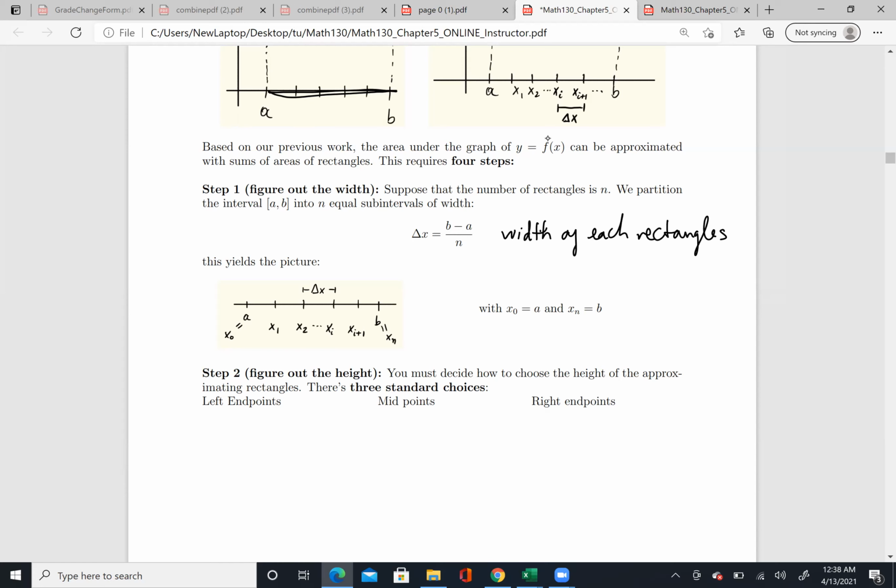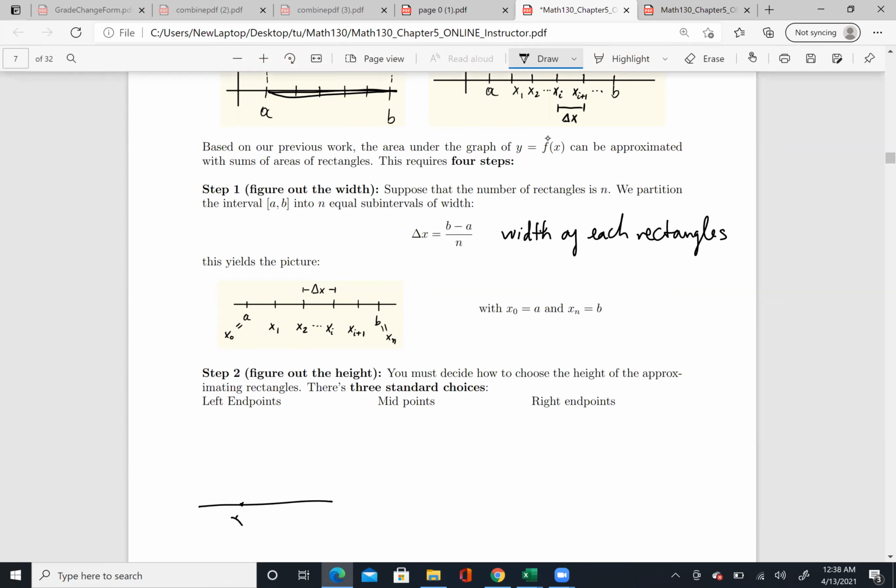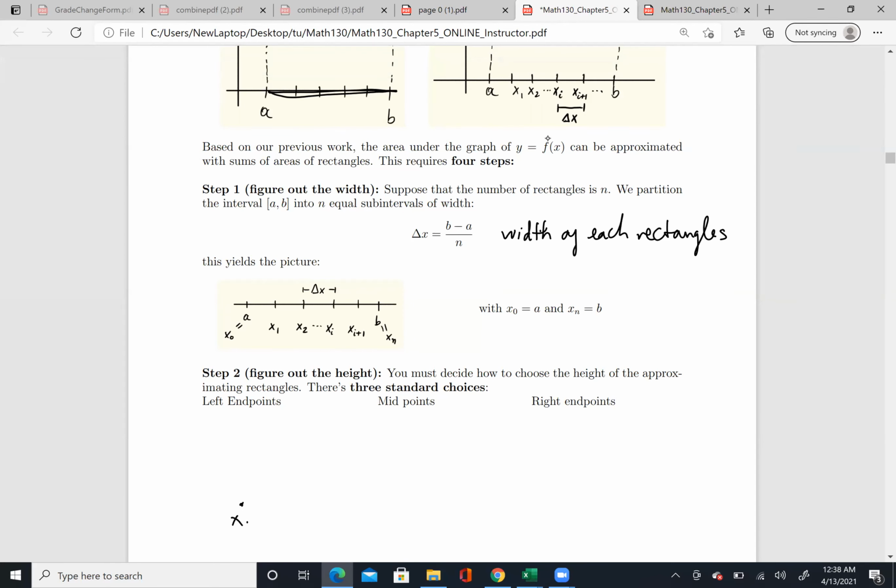And step 2, you're going to figure out the height. You must decide how to choose the height of the approximating rectangles. There are 3 standard choices. First, the left endpoint. Let me clean this up.